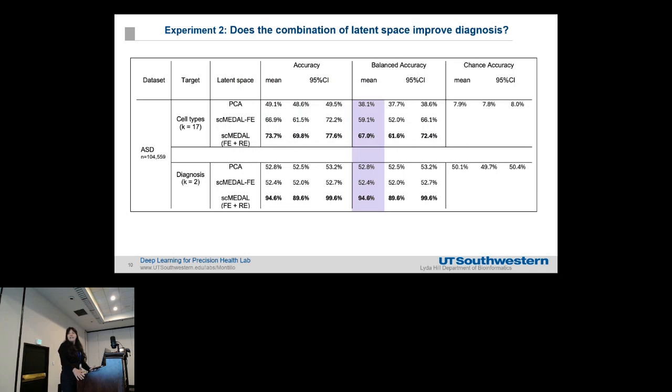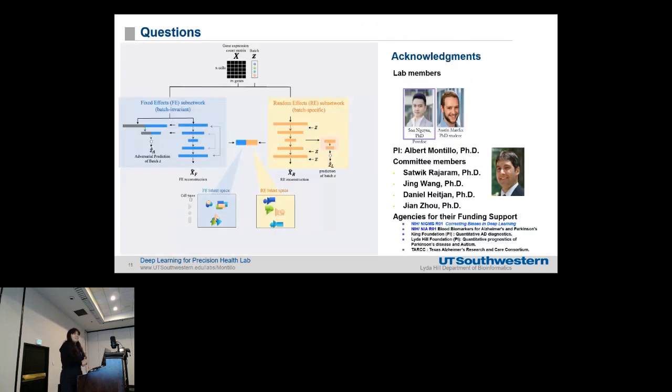And when we try to classify diagnoses, we get a much better accuracy than when using PCA or fixed effects alone. And this is all. Do you have any questions?